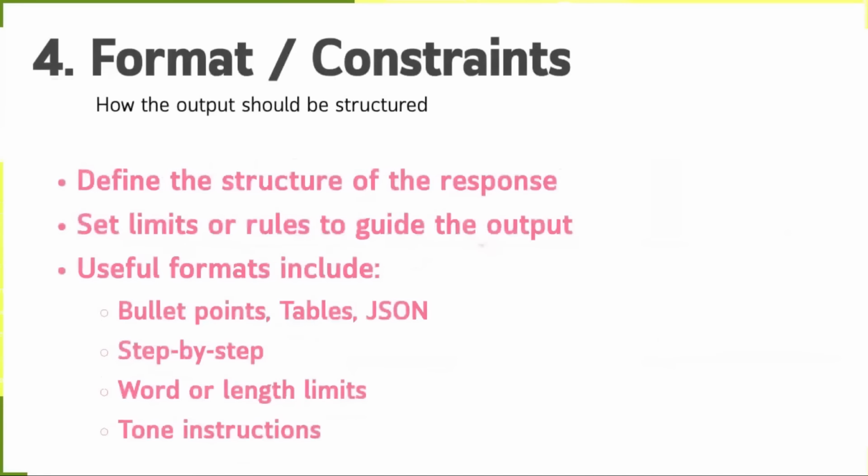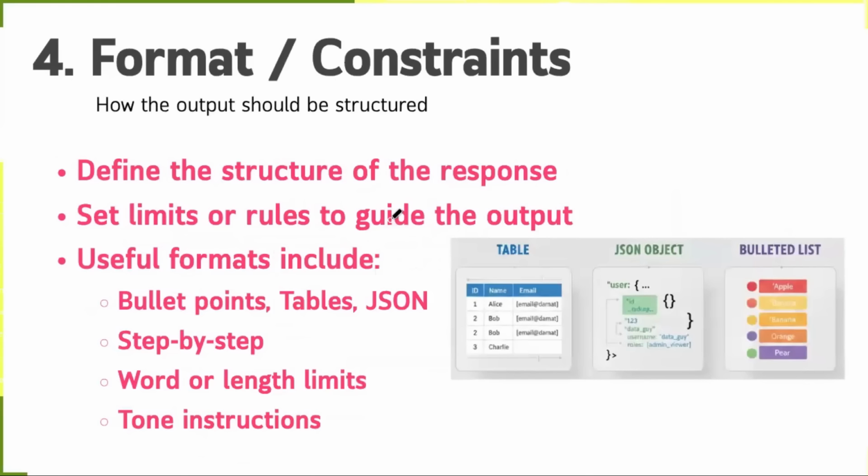The fourth one is format or constraints. Format and constraints tell the model exactly how the final answer should look. This is where you guide the structure, the language, and even the tone of the response. Without this part, the model may give you something accurate, but not in the shape you need. You can choose simple formats like bullet points, a short paragraph, or a step-by-step list.